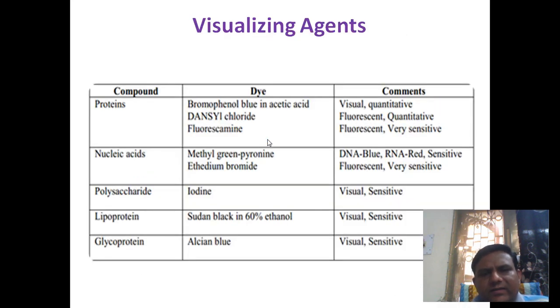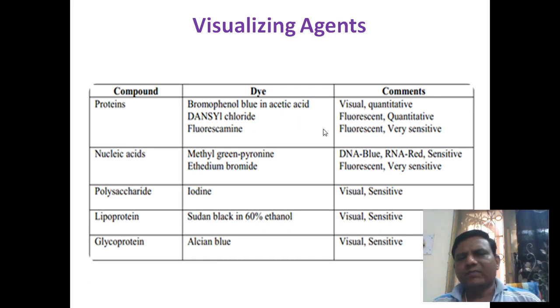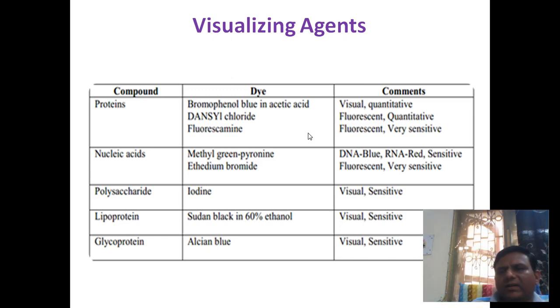Now on this slide you can observe the different types of visualizing agents. For protein we can use bromophenol blue, acetic acid, dansyl chloride and fluorescamine. This will be a visual or quantitative fluorescent and very sensitive method. For nucleic acid we can use methyl green pyronin or ethidium bromide.